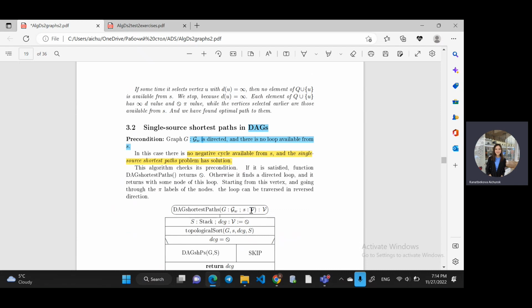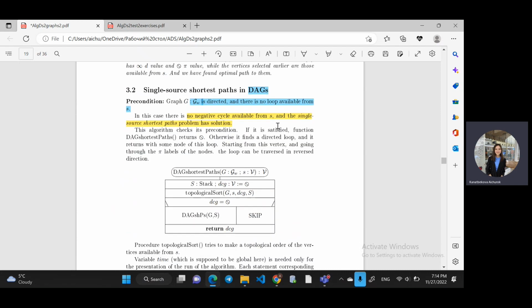And I want to continue with directed acyclic graphs. I just want to remind you of the definition of it. As it says, it's directed and acyclic, which means there is no loop available from the source.